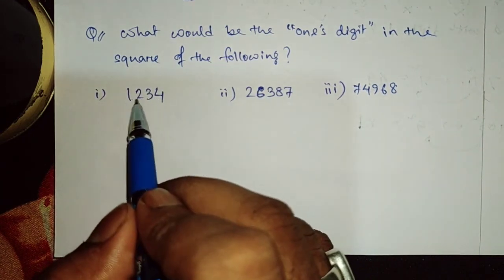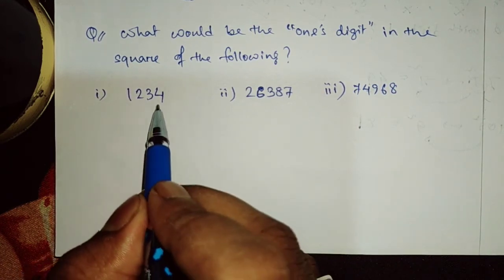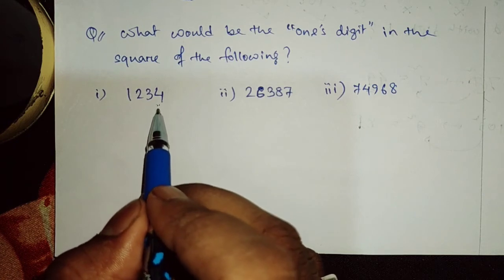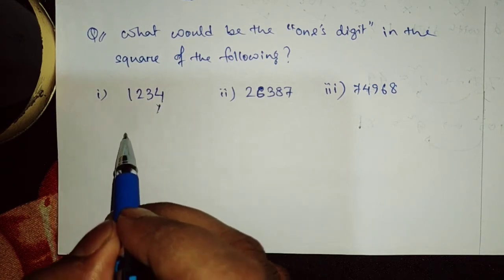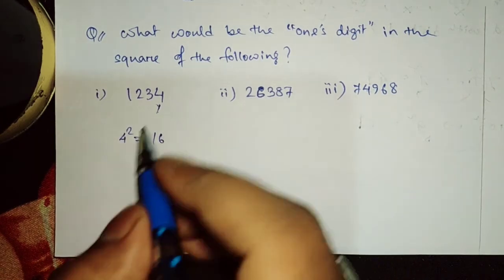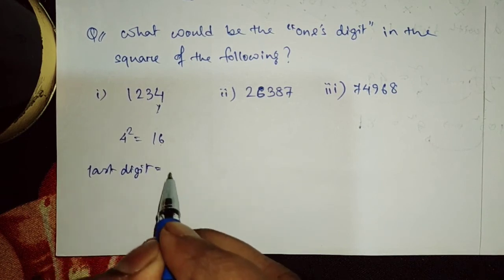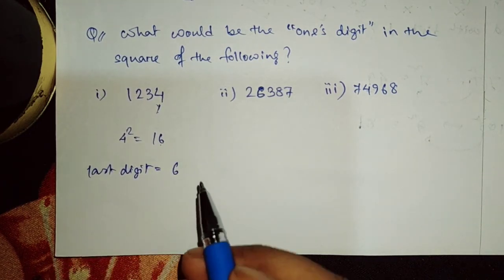If you take 1234 square, we just take care of the 4, the last digit. 4 square is equal to 16, so the last digit will be 6.